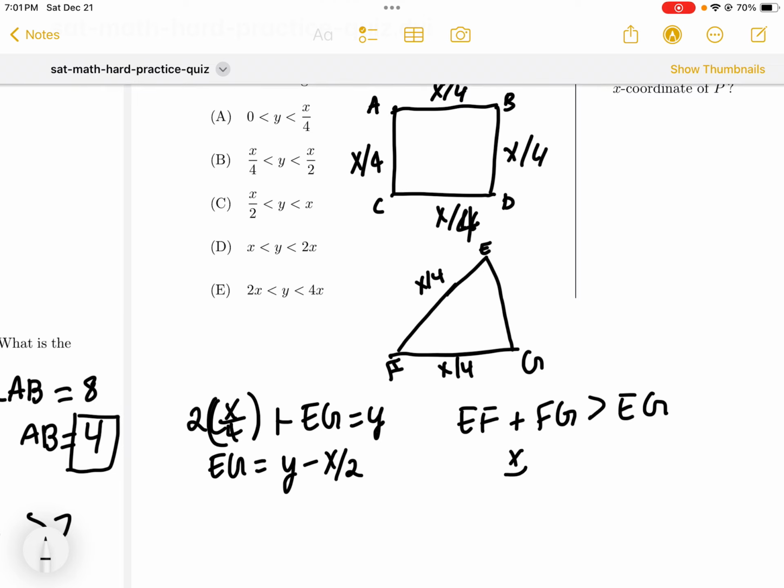EF plus FG is just x over 2, and this is greater than EG, which is y minus x over 2. Now, adding x over 2 to both sides, we get x is greater than y.